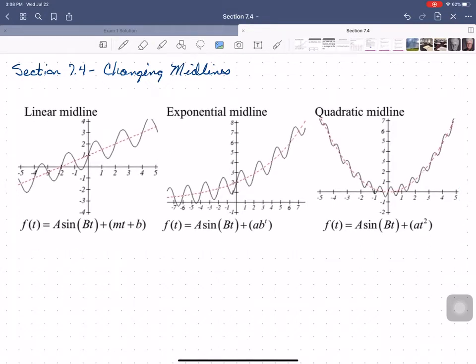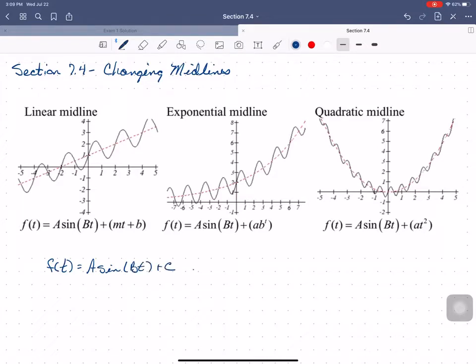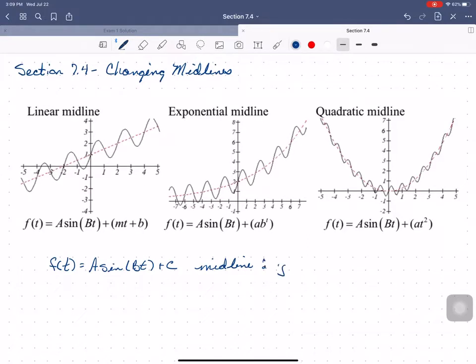So we already know that if I've got a function that looks like f of t equals a sine bt plus c, that function has got a midline. In other words, it oscillates around the line y equals c. Well, it turns out that if instead of a constant we have a function, my sine function simply oscillates around that function.